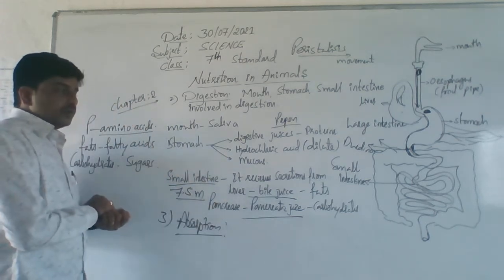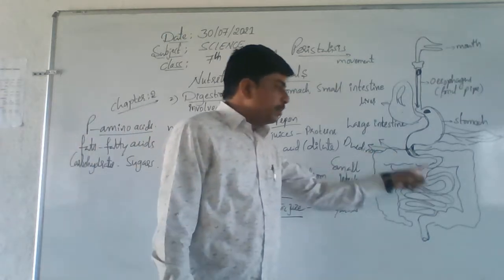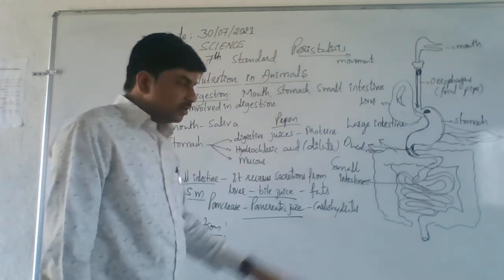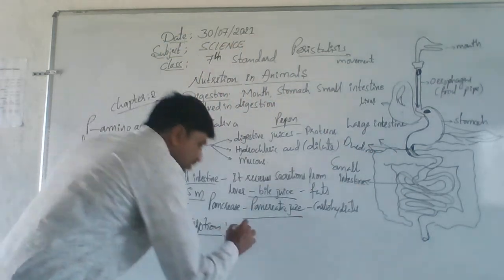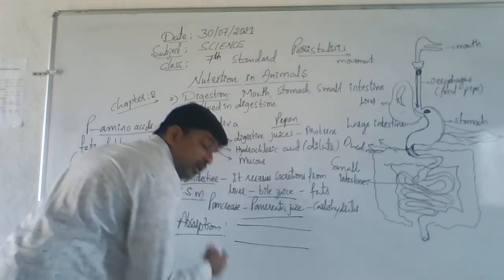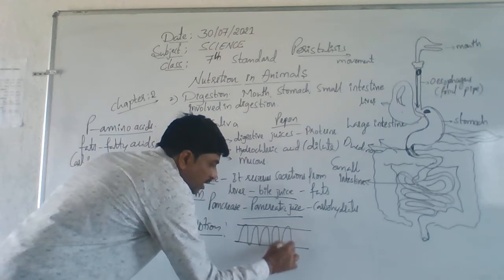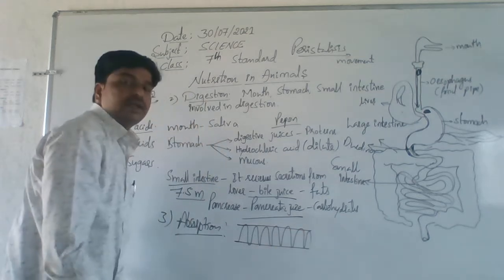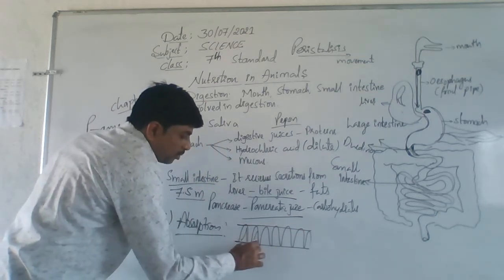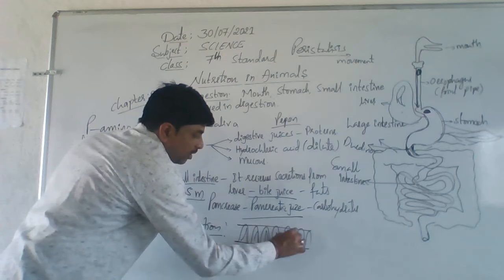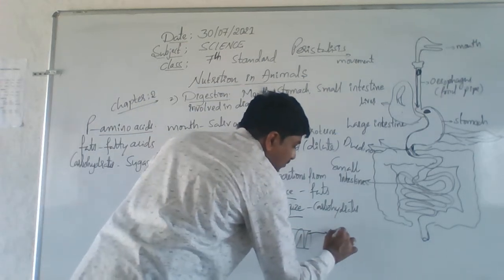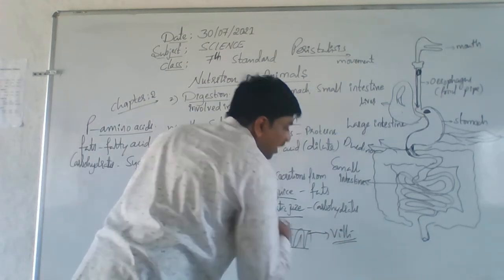Okay, students. When complete digestion takes place in the small intestine, the inner wall of the small intestine contains finger-like projections. These are called villi.